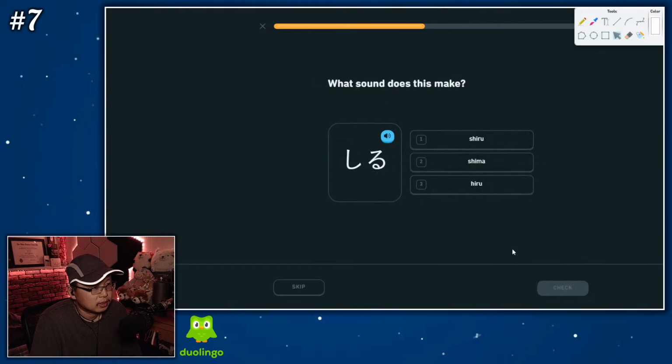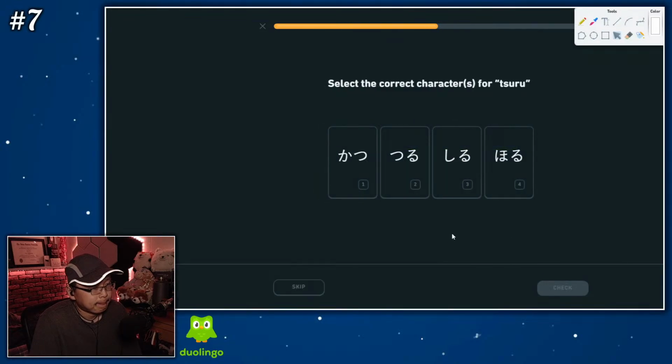知る. Shiru. Suru, suru. This one's a little bit toxic. Let's hear it. I need to hear this. Suru, つる churu, churu.